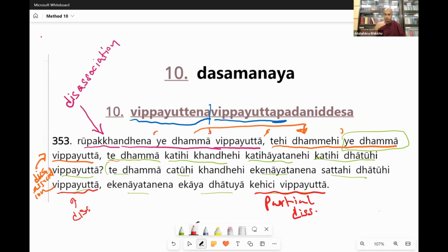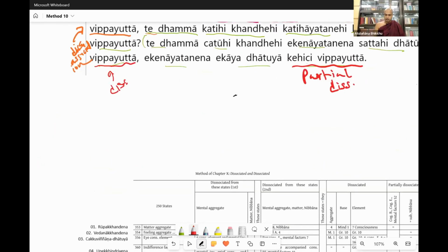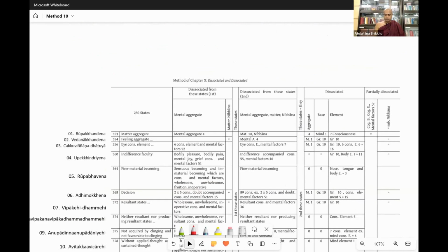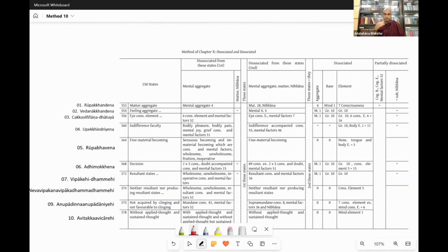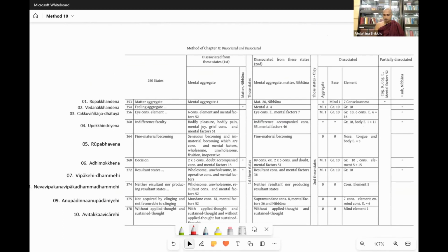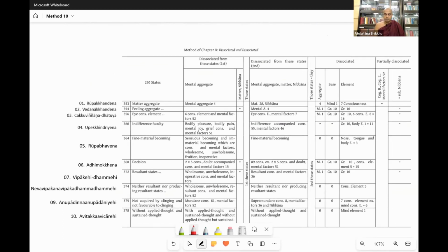Okay, so now we move into the Sarupata of this method number 10. In method number 10, we have 10 groups. We go through them one by one as usual. This table is from the Mulapattana Shadows book, from the translation of the Dhatukatha.